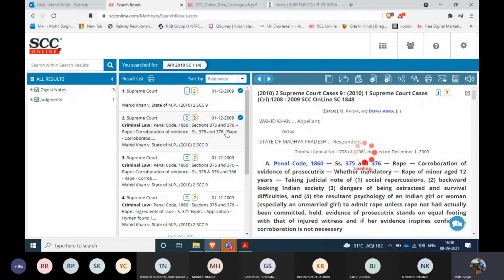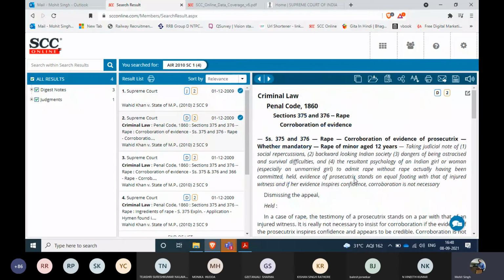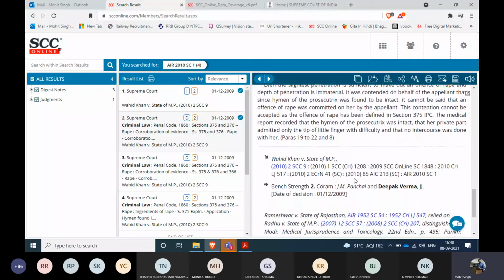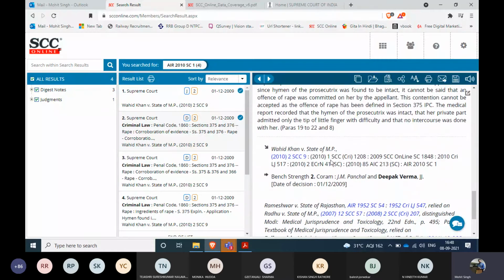But where are the AIR journal numbers written? Then you can go to the digest notes over here, and there you go. Along with SCC, you have SCC Criminal, you have Criminal Law Journal, ECRN, AIC, and AIR. All of those equivalent citations are mentioned in the digest notes itself. So that is the citation part.